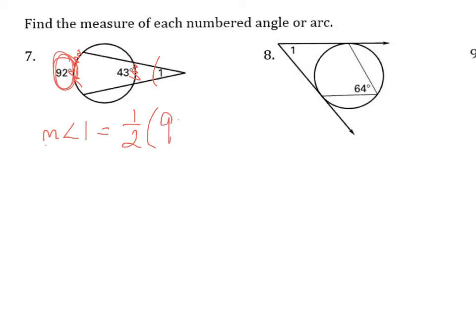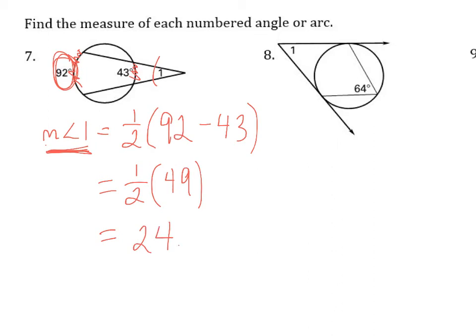So it's going to be 92 minus 43. In this case, I don't have to move anything around because I'm solving for the measure of angle 1 just on the left side of my equation. Then half of 49 is going to give me 24.5 for the measure of angle 1.